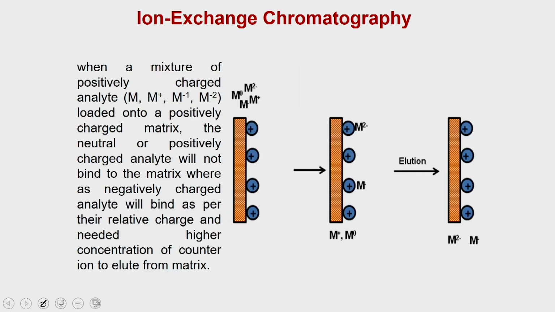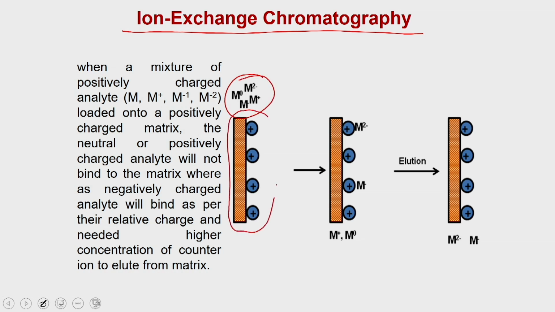So, what we have discussed is that we started with ion exchange chromatography. In ion exchange chromatography, we took a simple example: suppose you have a mixture of 4 proteins containing charges of M0, M2 minus, M plus and M minus, and suppose you have used a matrix which is positively charged.